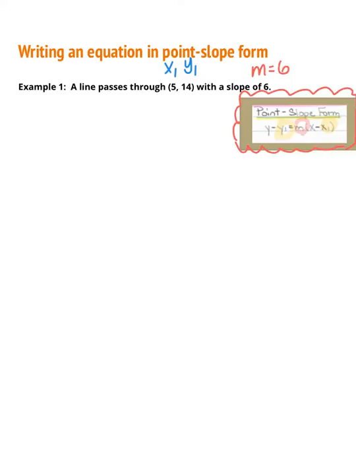Let's take our point-slope formula. I'm going to start with y minus, and we're going to substitute our y1, and that value is 14. So let me bring the 14 into the equation and continue with the formula. Equals, now I'm going to bring the m.